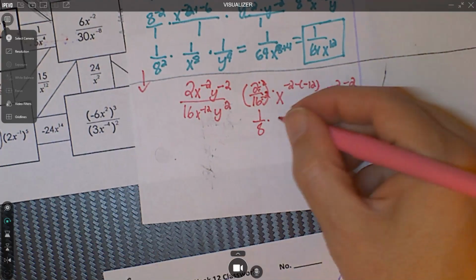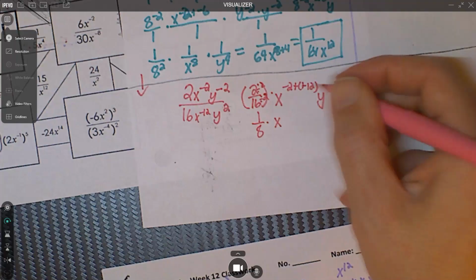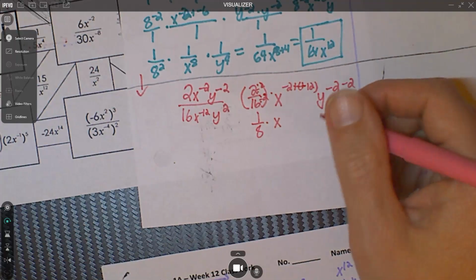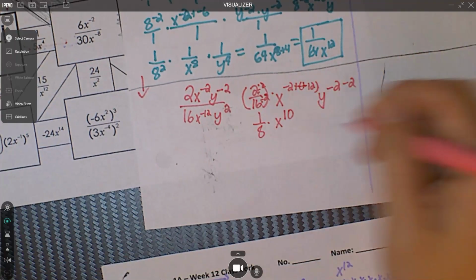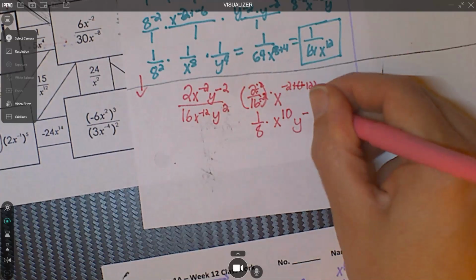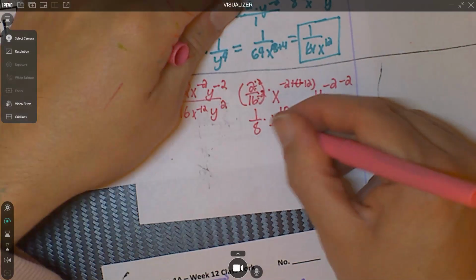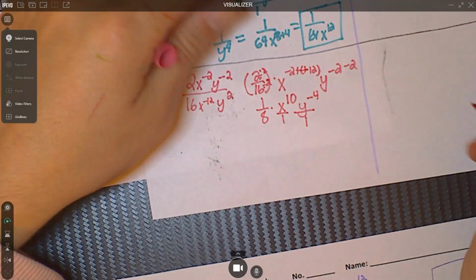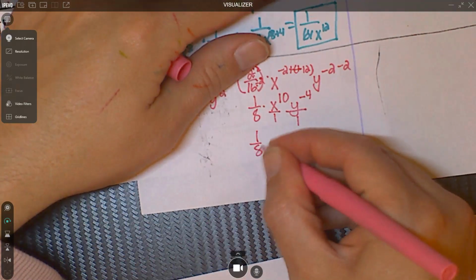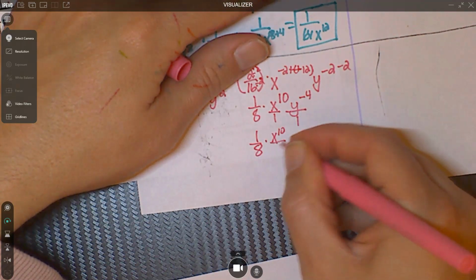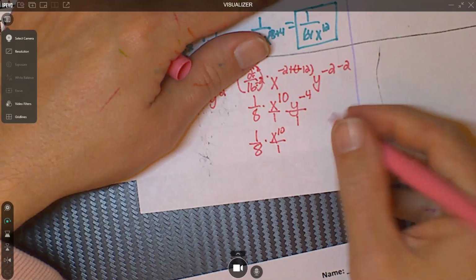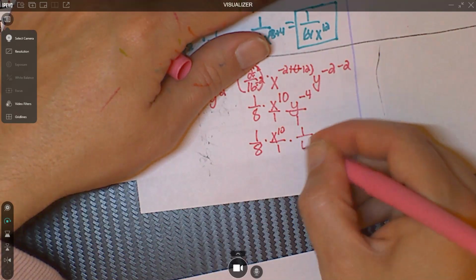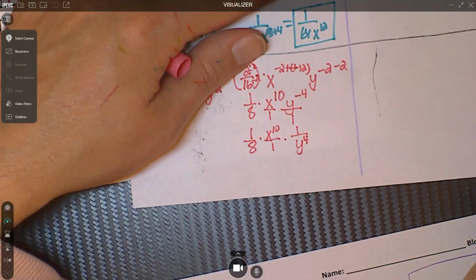Now I got x to the -2 minus -12 is 10. Y to the -4. And these are both over 1. So I'm going to rewrite it 1/8 times x to the 10 over 1. Y to the -4 over 1 is the same thing as 1 over y to the 4th.